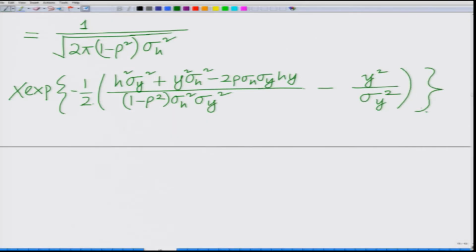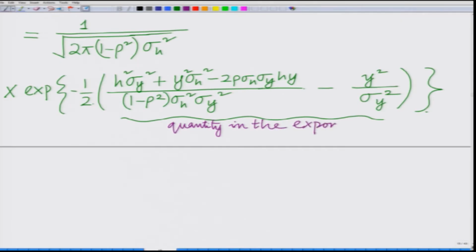All right. So, this is the quantity in the exponent, e to the power of minus half times this quantity.